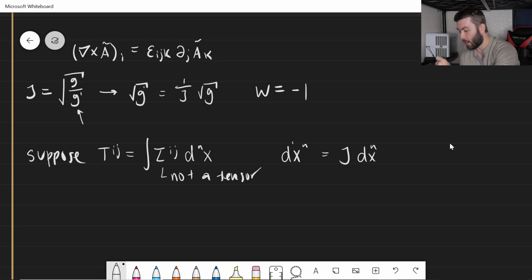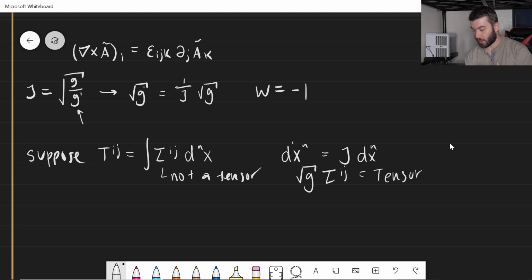Then this g prime, which is going to be our Cartesian coordinates, our Jacobian just ends up being root g, because the determinant of the metric in Cartesian coordinates is just 1. So we would get that root g times tau ij would be a tensor.